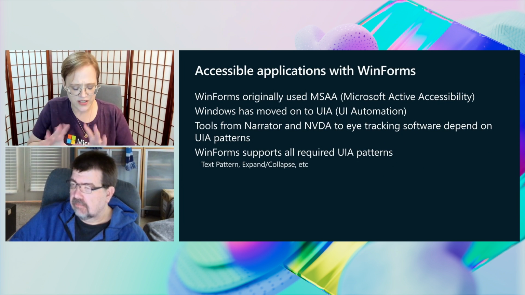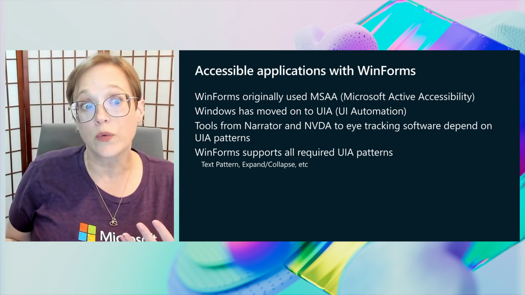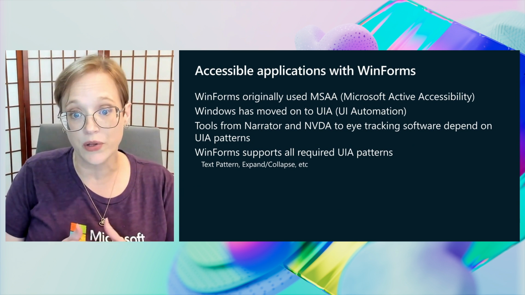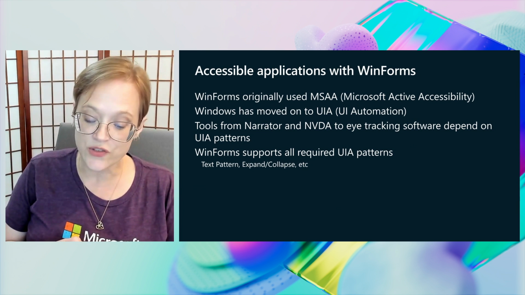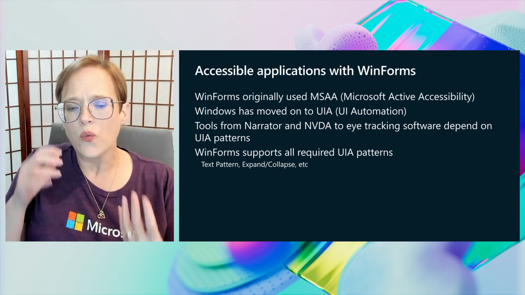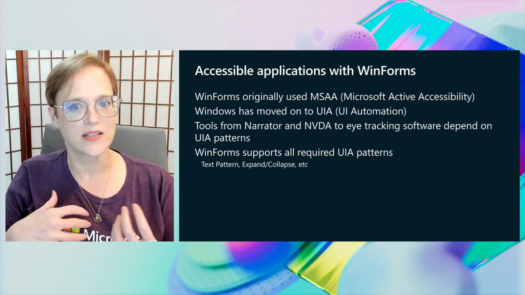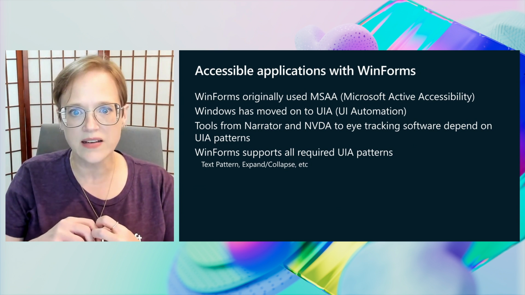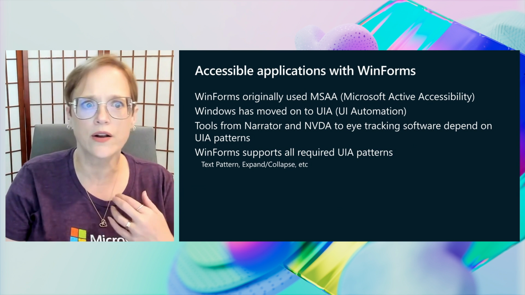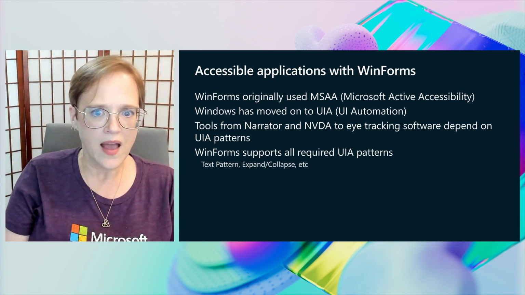Another example of where we're evolving with Windows and with the times is accessibility. When WinForms was introduced way back with .NET Framework 1.0, it was originally created to use MSAA as our accessibility provider. And that gave access to things like Narrator so that you could hear what was going on the screen.